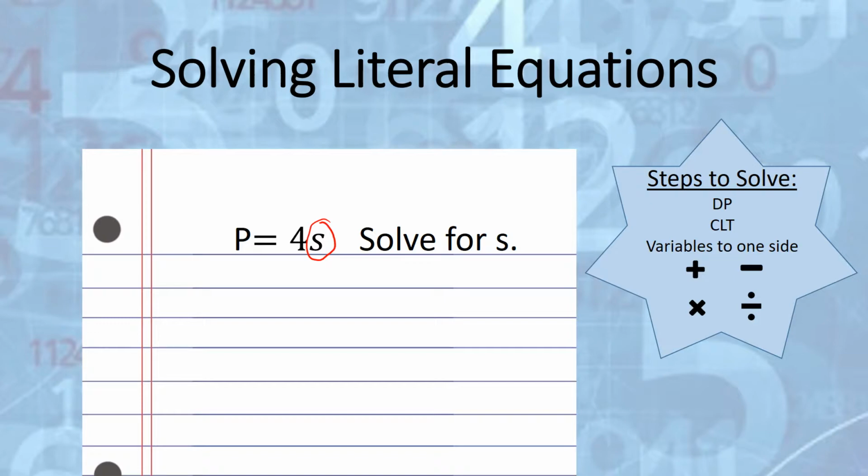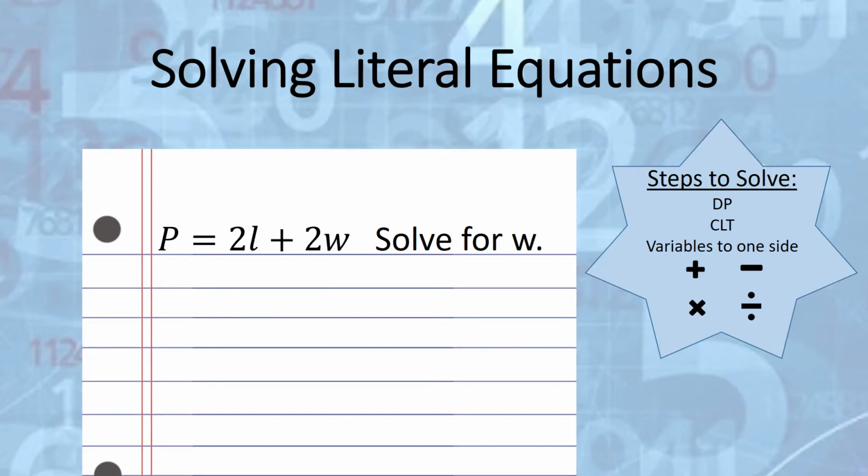No. Is anything being multiplied or divided by the s? Yes. 4 is being multiplied by s. So I'm going to do my inverse operation of dividing by 4 on both sides. This will simplify to p over 4 equals s. And that is my answer. What this tells us is that one side of the square is equal to the total perimeter divided by 4.